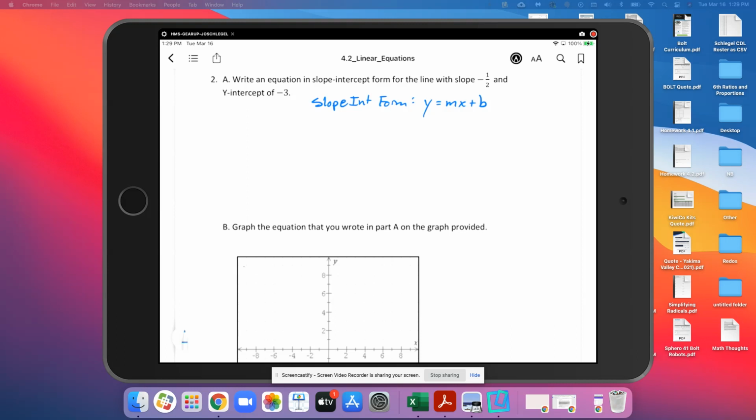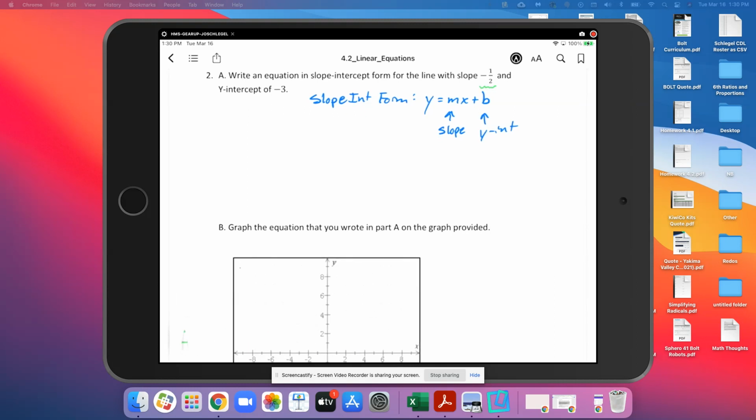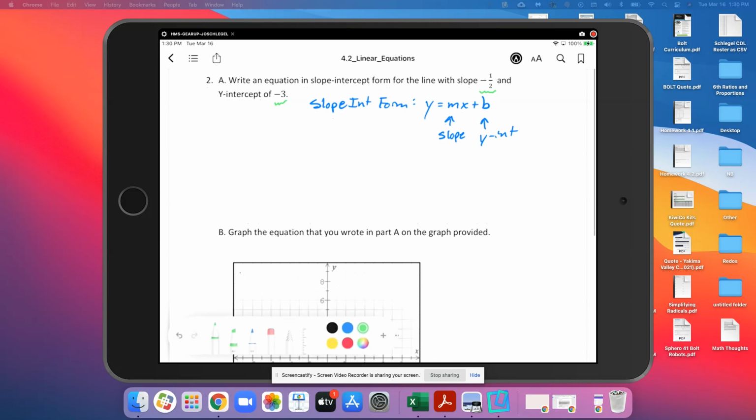And my m is my slope, and my b is my y-intercept. So I can take that information directly from the problem. I've got a slope of negative 1/2, and I have a y-intercept of negative 3. So I'm just going to substitute those values into the problem. And so we will get an equation that looks like y equals negative 1/2 x minus 3.